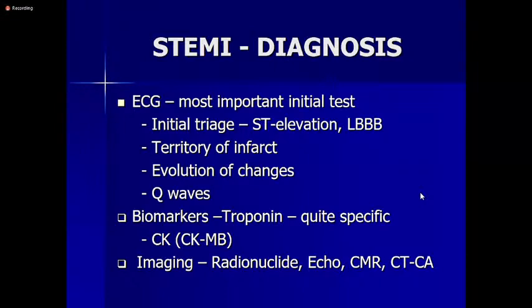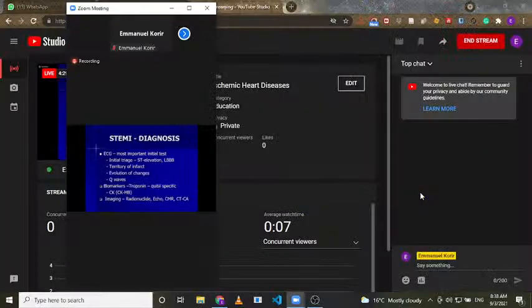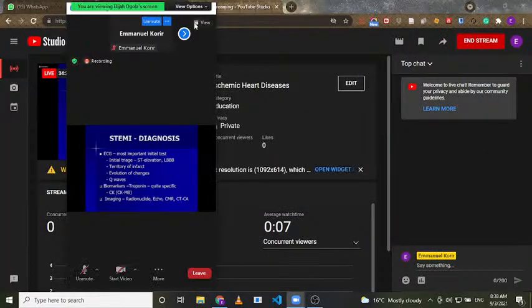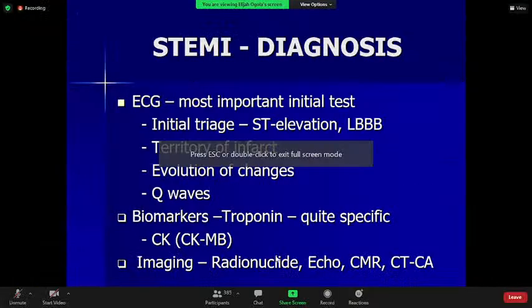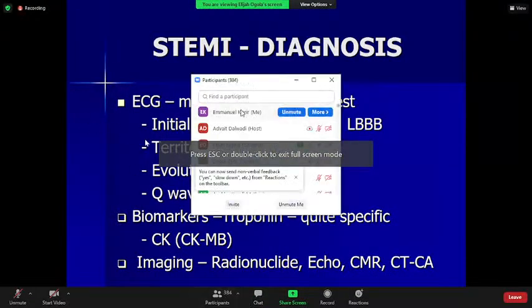And the guideline is that if your system is working well, this should be done within 10 minutes of the patient being in contact with the healthcare system. So wherever they present, whether they present to an ambulance or a health center or a tertiary hospital, they should get an ECG. And the ECG is important in the sense that it gives us the initial triage.